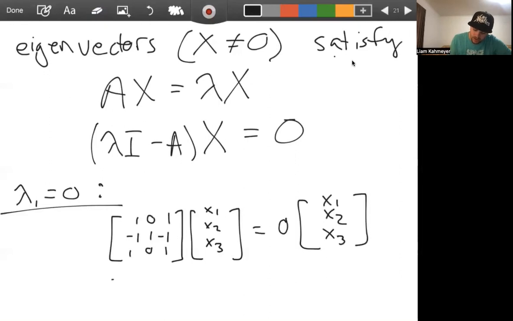So what we get is that this should be equal to 0, 0, 0. This gives us a system of equations, right?